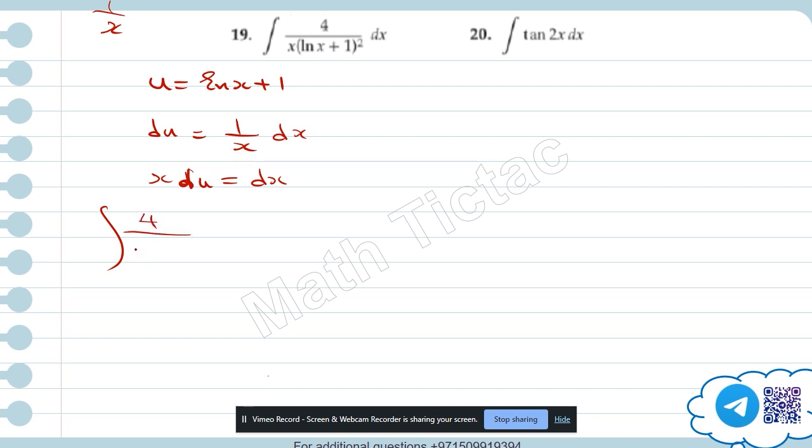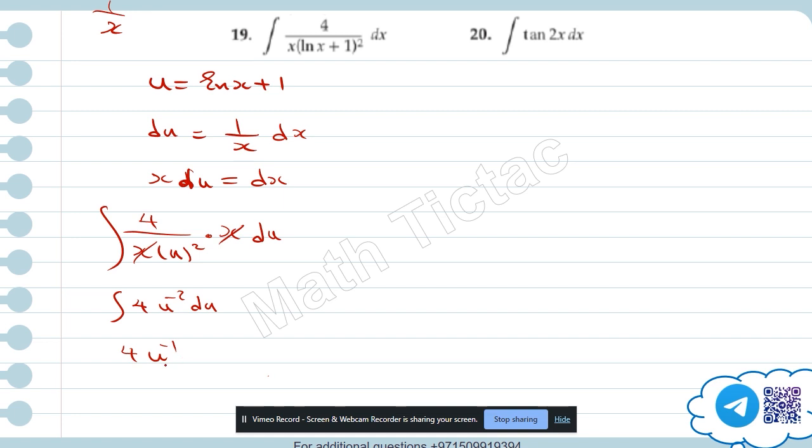4 over x multiplied by u squared dot x du, x with x eliminated, then that will be integration of 4u to the power minus 2 du. Now I will add 1 and divide by, once you add 1, it will be minus 2 plus 1, which is equal to minus 1, so I'll divide by minus 1.